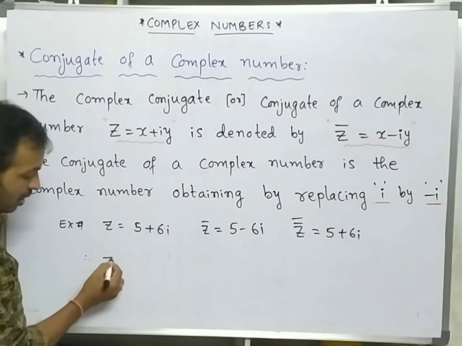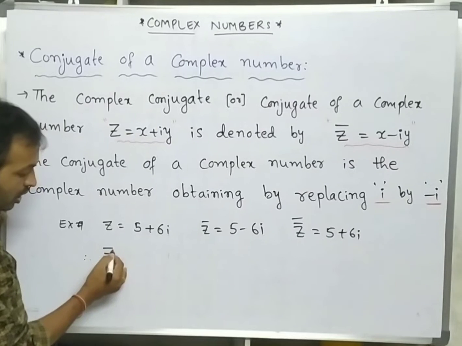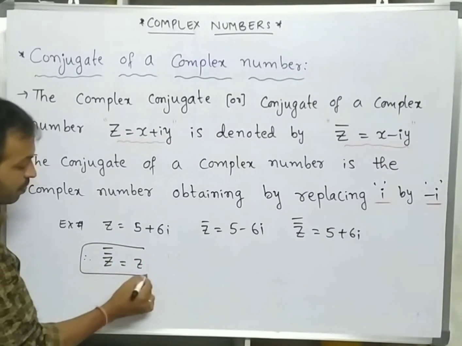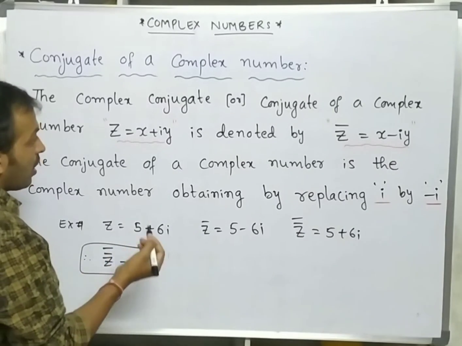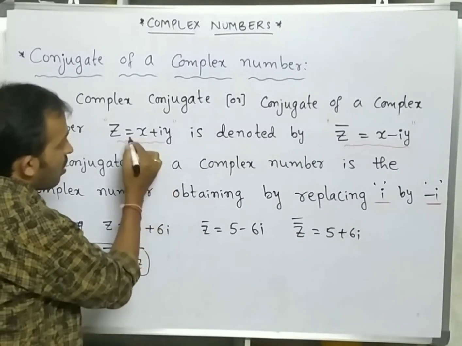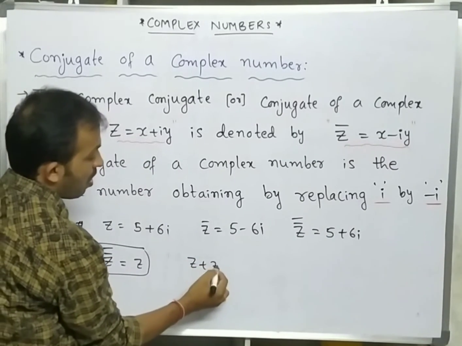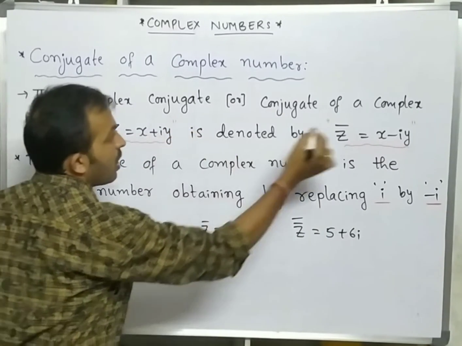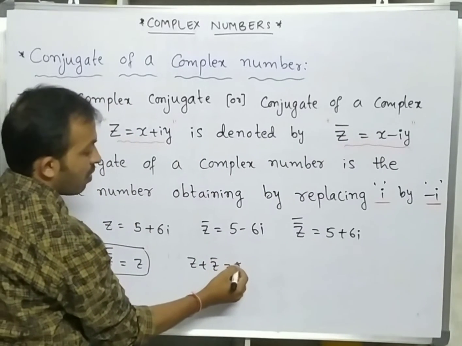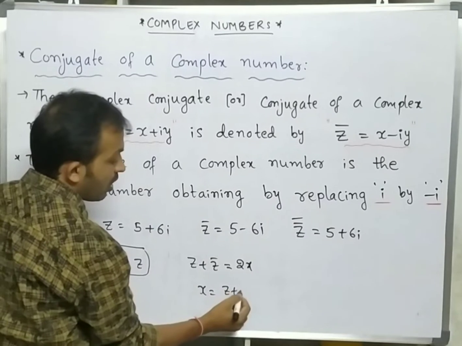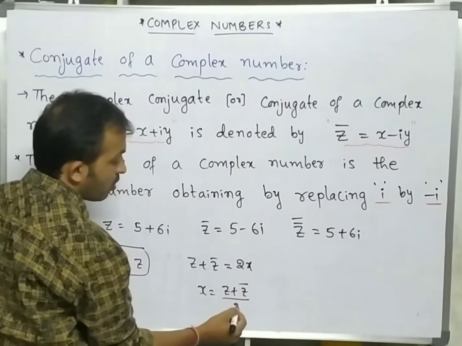So from this we can write z bar whole bar is equal to what? z. Okay, next one more observation. If we add these two, z plus z bar, iy gets cancelled, x plus x is 2x. From this x is equal to z plus z bar by 2.